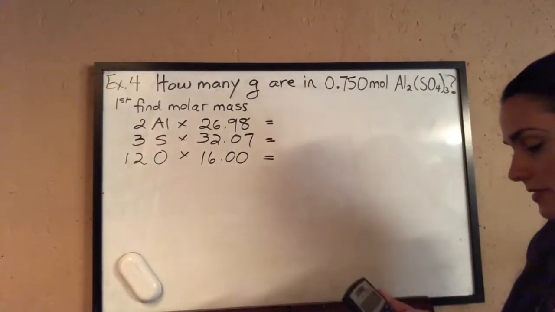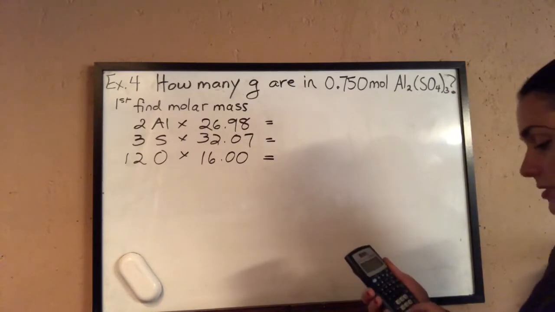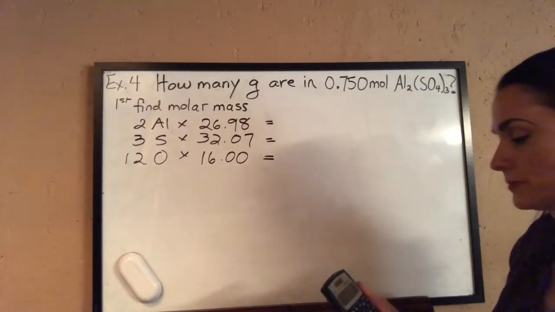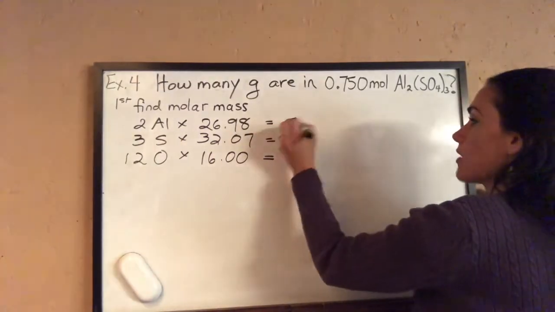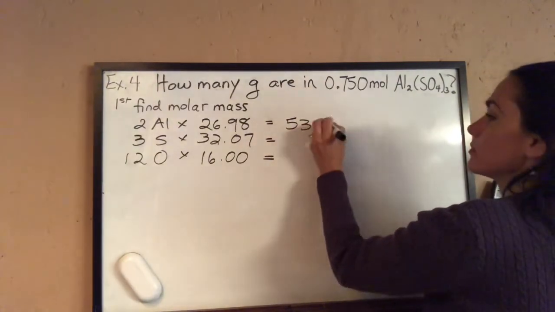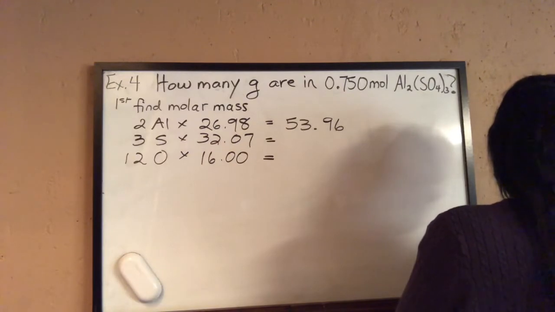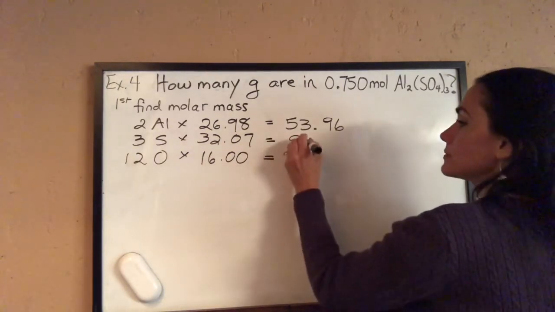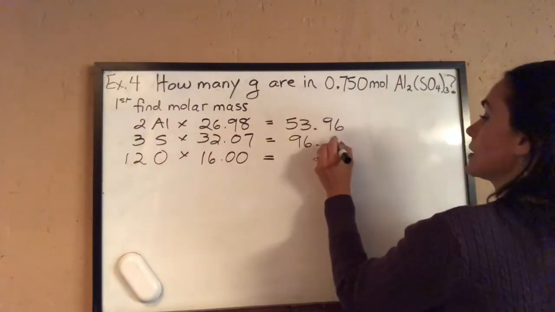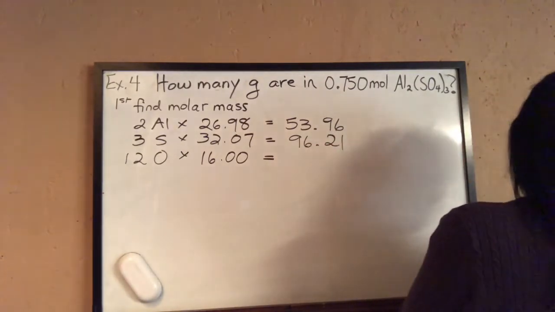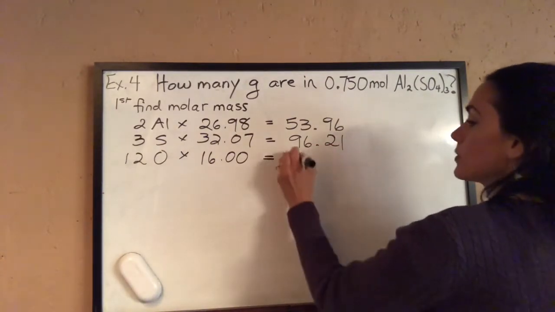So now we do the calculation. 2 times 26.98, 53.96. 96.21 and 192.